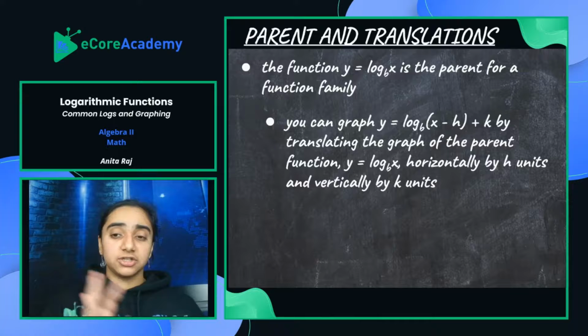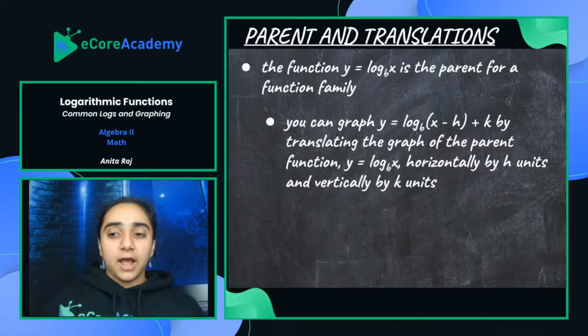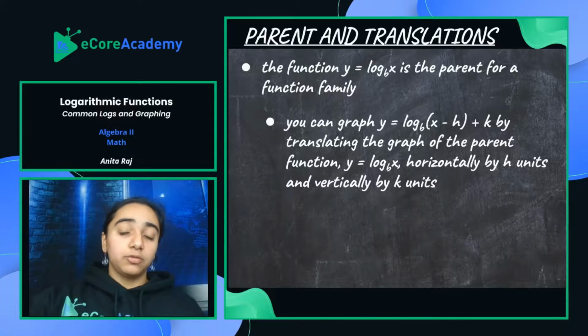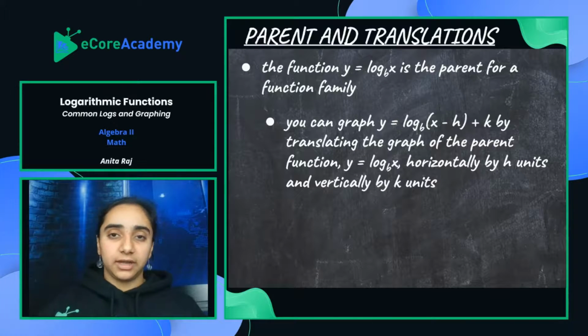The h horizontally translates it across the x-axis, right or left, by h units, depending on whatever h is, and then k will move it up or down. If k is positive, up; if k is negative, down. So you'll be moving vertically up and down the y-axis by whatever k units, whatever k is in the formula.